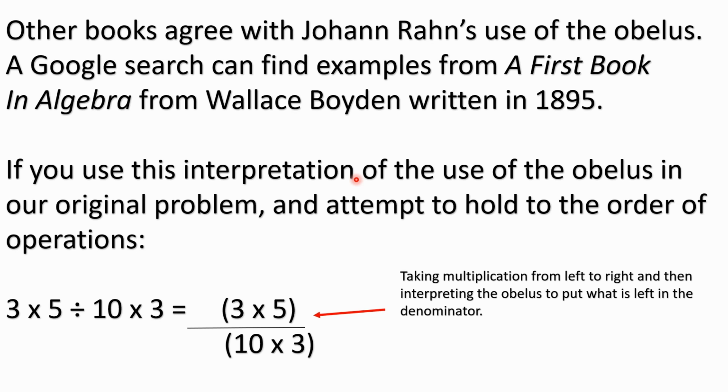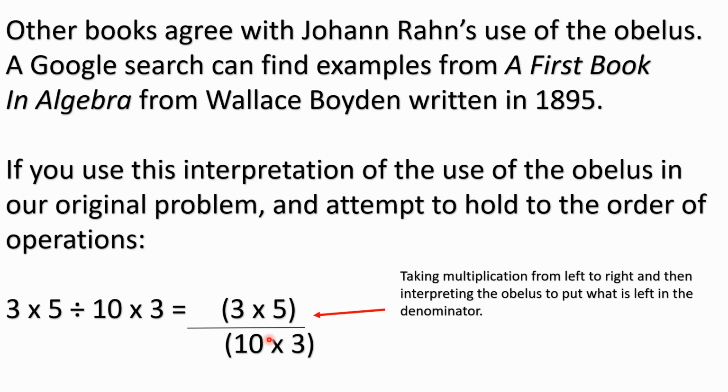A Google search can find examples from a first book in algebra from Wallace Boyden, written in 1895. If you use that interpretation of the obelus back in our original problem, and you're trying to hold to the order of operations at the same time, what you're going to end up with is basically 3 times 5 in the numerator divided by 10 times 3 in the denominator.